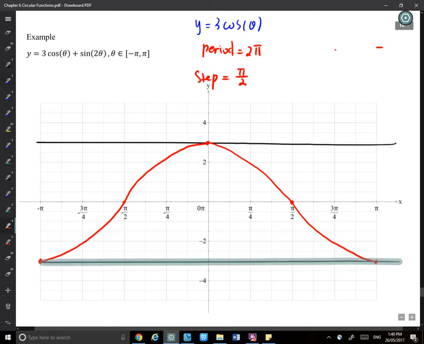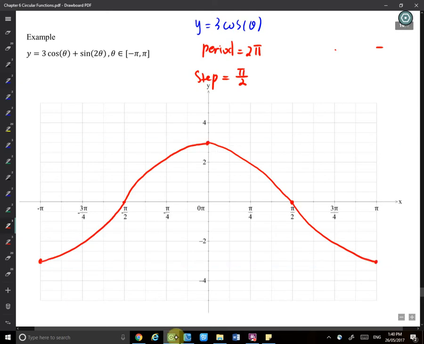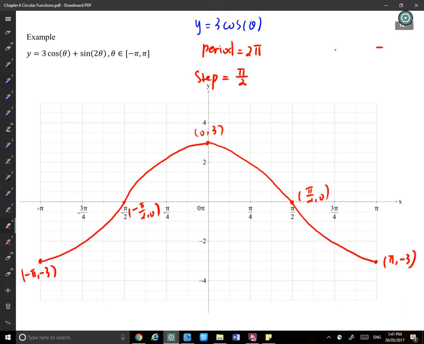That's the cosine graph. I have the point (0, 3) here, (pi over 2, 0) here, and this point is (pi, -3), and (-pi, -3), and (-pi over 2, 0). Okay, the next one is sine 2 theta.